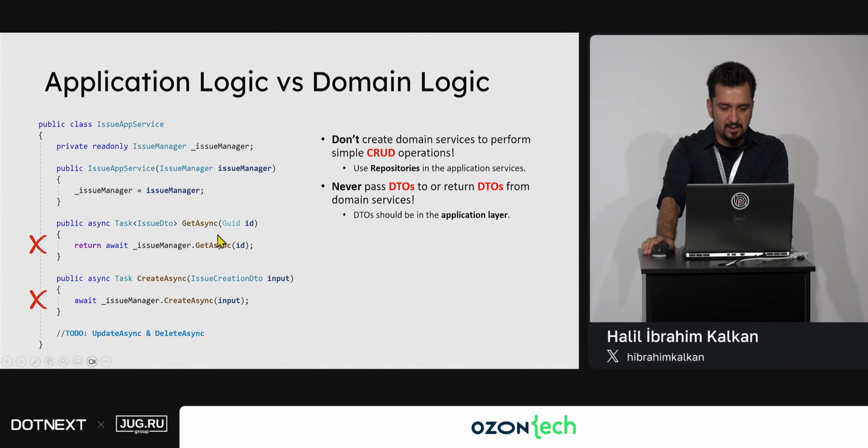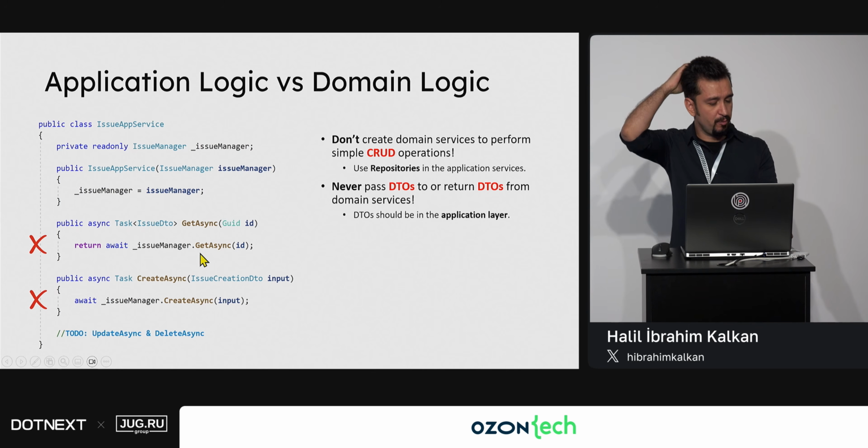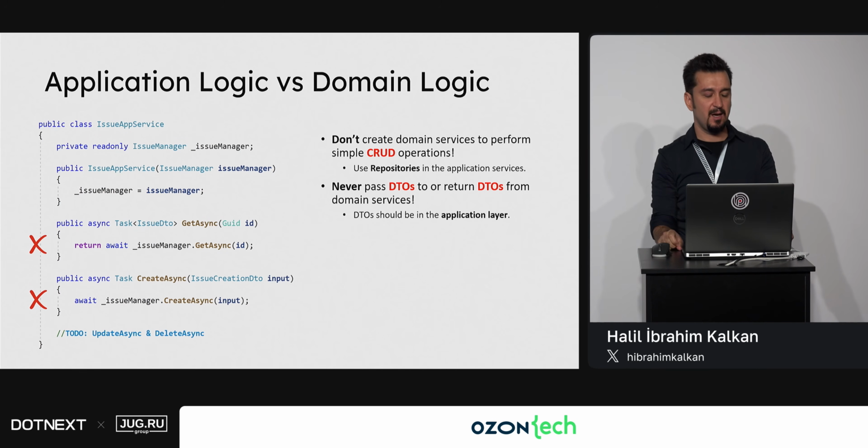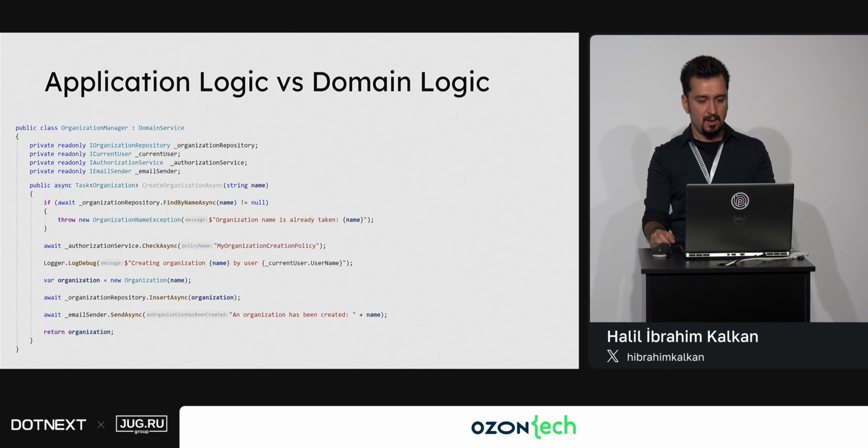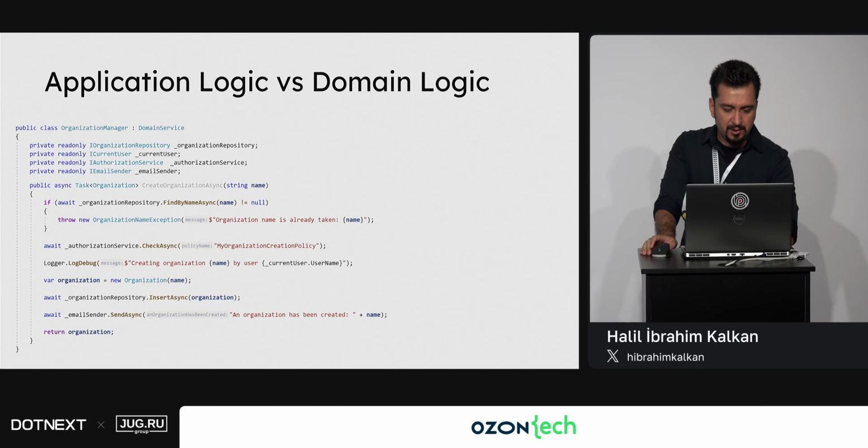Also, we should not pass data transfer objects to domain services, because domain services work with entities, repositories, other services, and domain objects, not data transfer objects. It's application layer stuff.